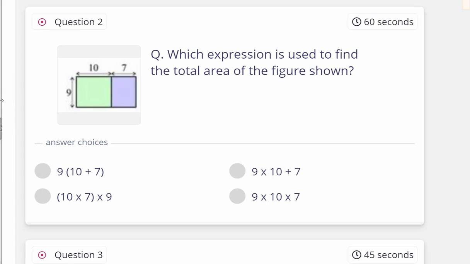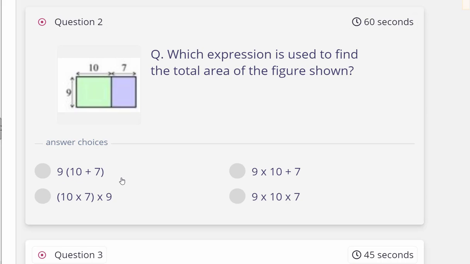A, the first one, 9 times 10 plus 7. My heroes, when we write 9 and open bracket, we mean times. Be careful when you see 9 and after the 9 an open bracket. So this is times: 9 times, open bracket, 10 plus 7.